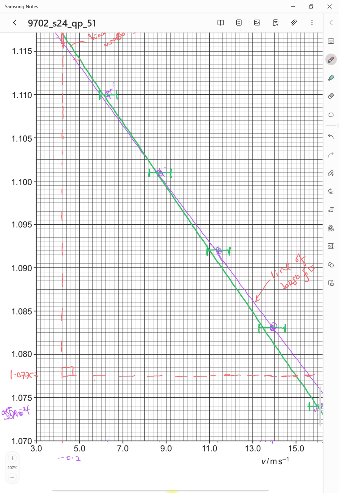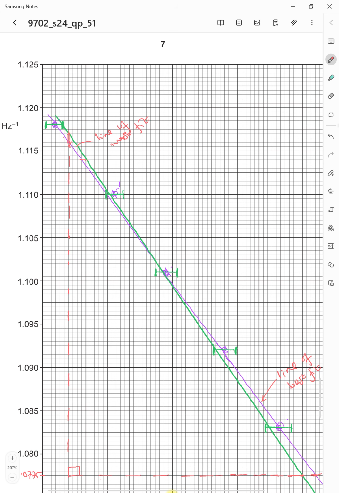Then the top here, we are reading this point here, which is this one. There are 2 boxes, so I'll use my calculator.